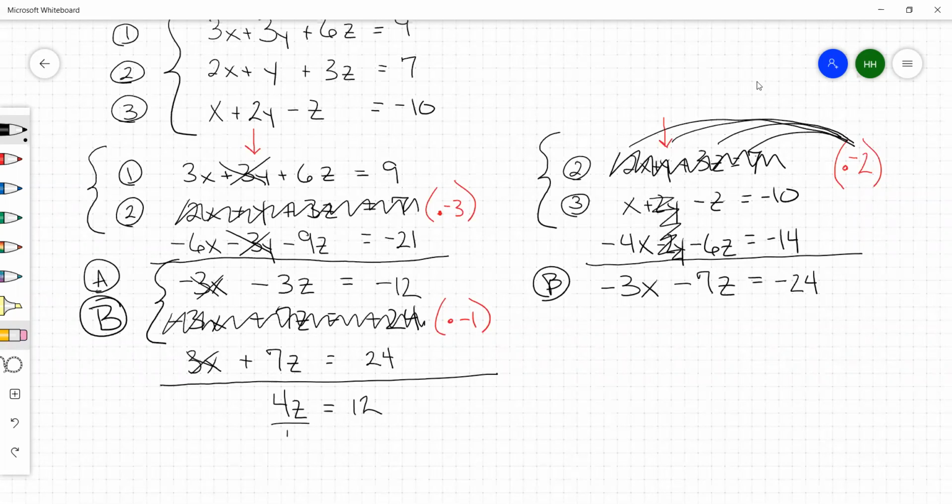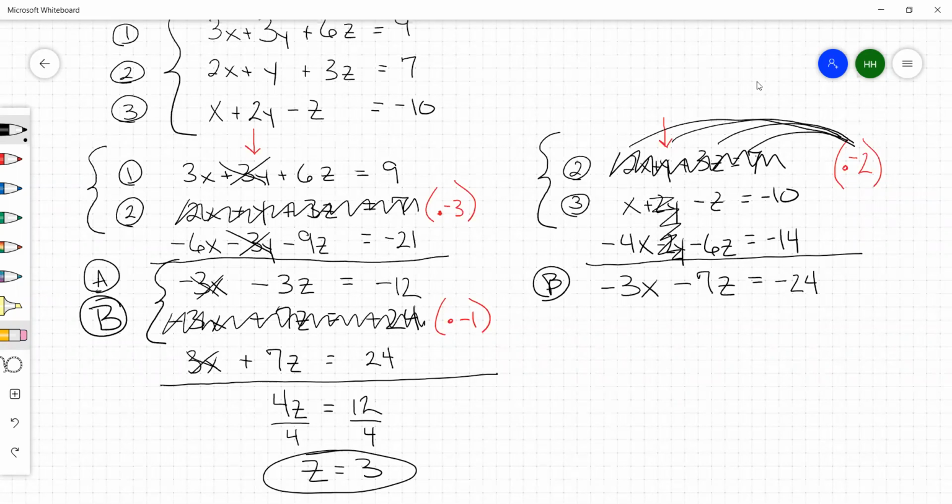And I divide by 4, and I get a z value of 3. Okay? Now, we got a z value of 3.